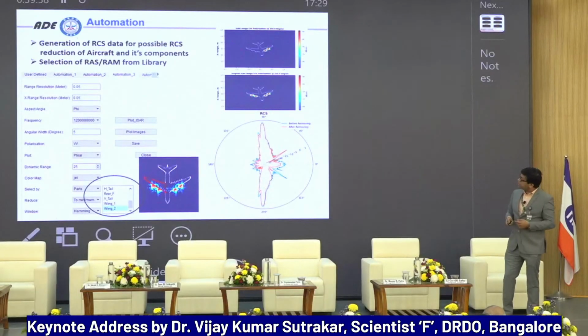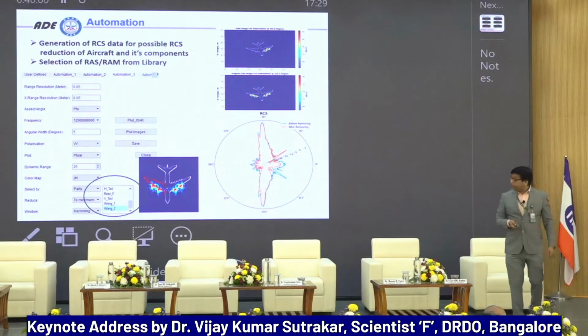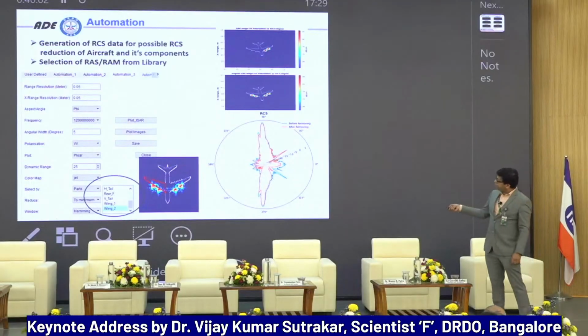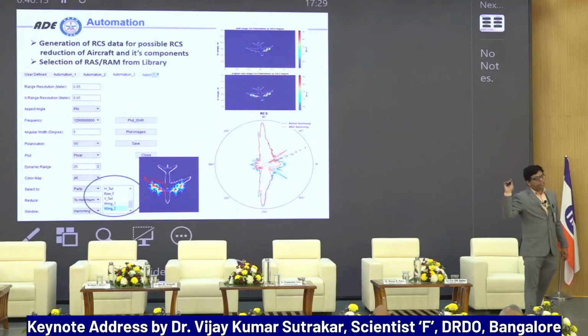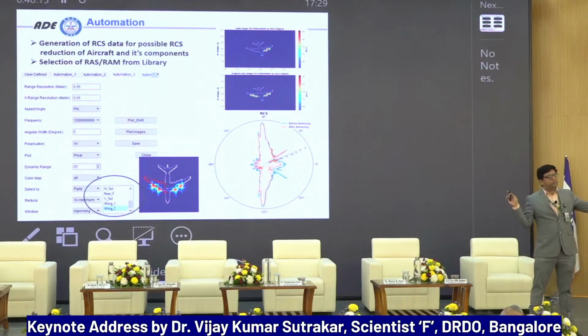Here are the other automation activities. For example, there is a commercial aircraft with 4 engines, and this shows some signature which we have plotted here. If somebody asks, assuming this aircraft has only 2 engines on one side, what is my signature?